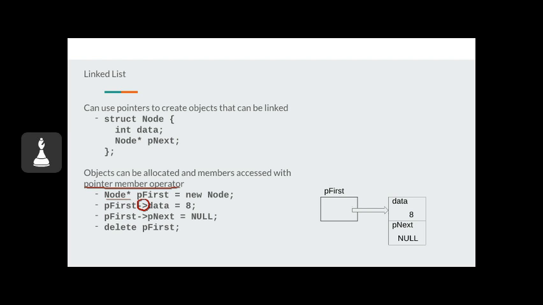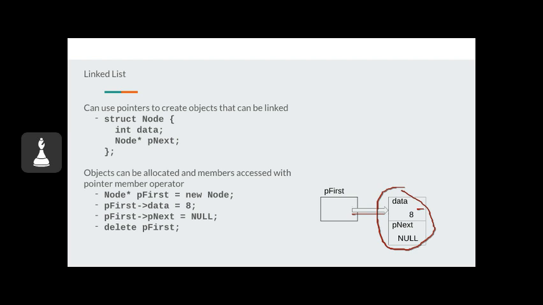So we use the pointer member operator, the arrow, just like in our diagram we have an arrow. What that arrow means is go to the data part of the thing that's pointed to by pFirst. The thing that's pointed to by pFirst is this node, and we want to access the data part of it. So we take 8 and store it in the data part of pFirst.